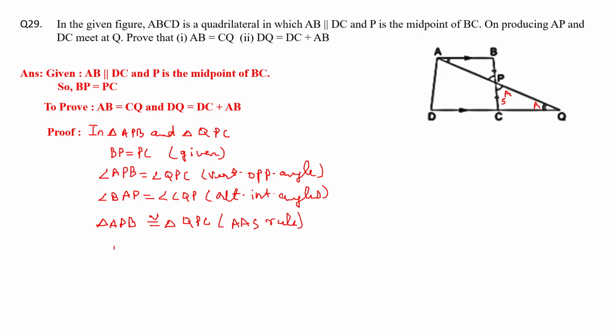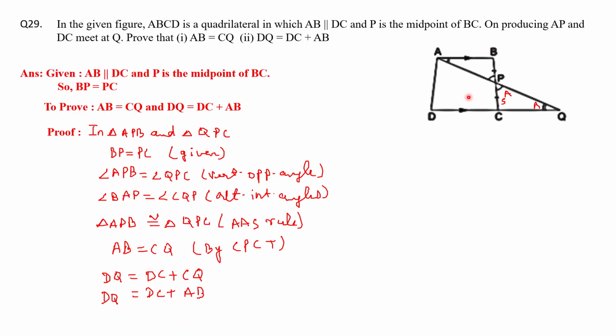So from there we can say AB equals CQ by CPCT. Then my first proof is done. Now DQ equals DC plus CQ. And just now I have written AB and CQ are equal. So I will replace CQ with AB. So my second proof is also done, which is DQ equals DC plus AB. Okay, that's all we have to do.